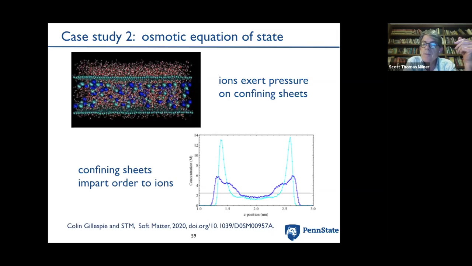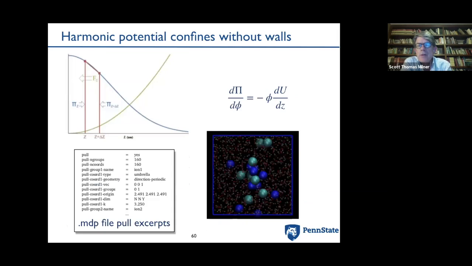So we thought of something better. And that is to confine the ions with a harmonic potential and no walls.